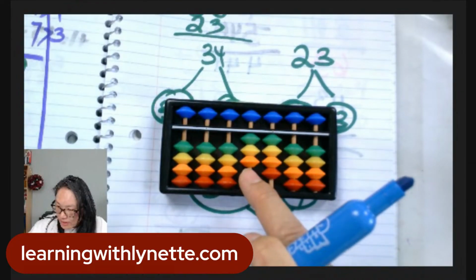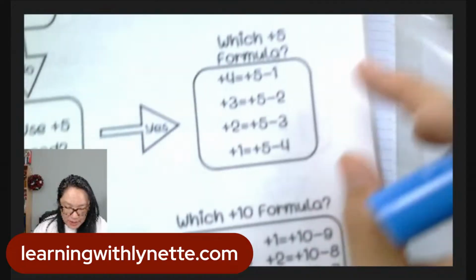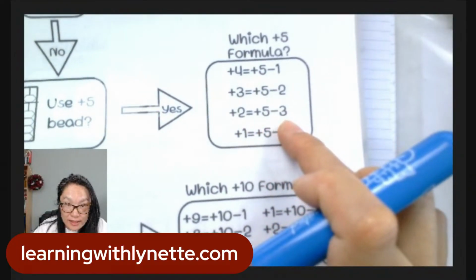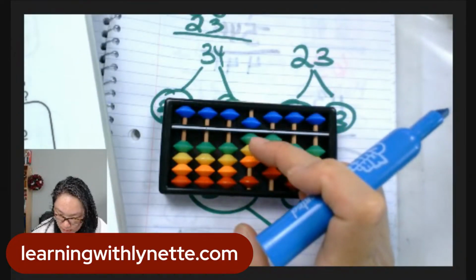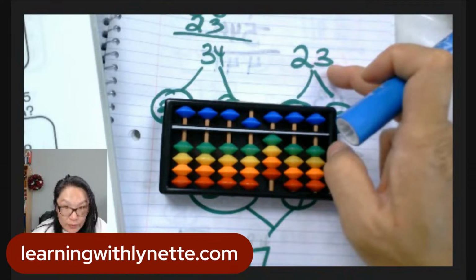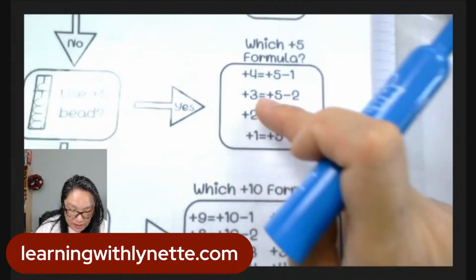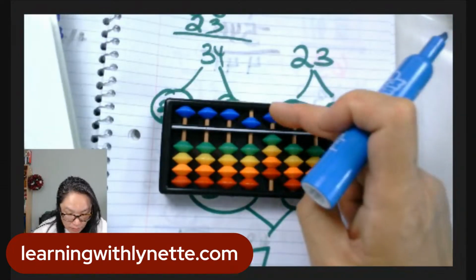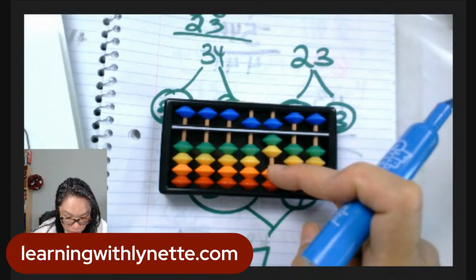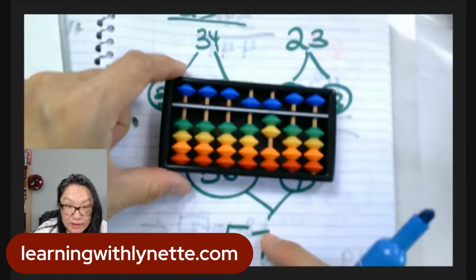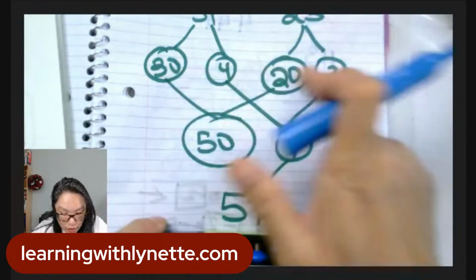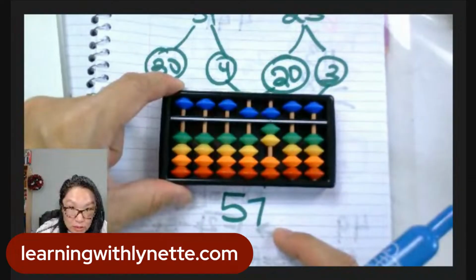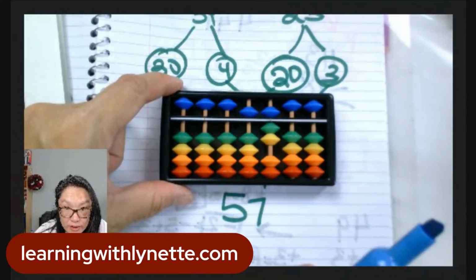Plus the 2 is plus the 5 minus the 3. And then we want to add the 3, which is plus the 5 minus the 2. So my final answer is 57, right? So you could do this, that's not a problem. Or we just understand it and do it on the abacus.